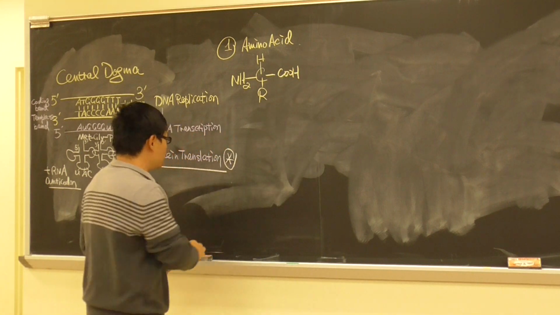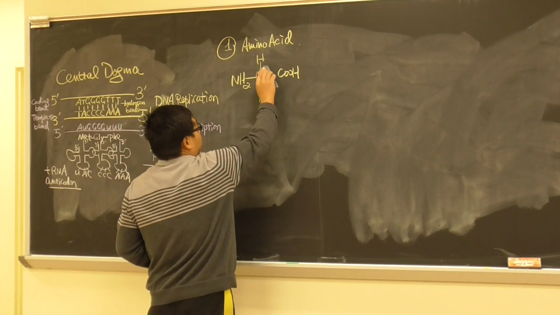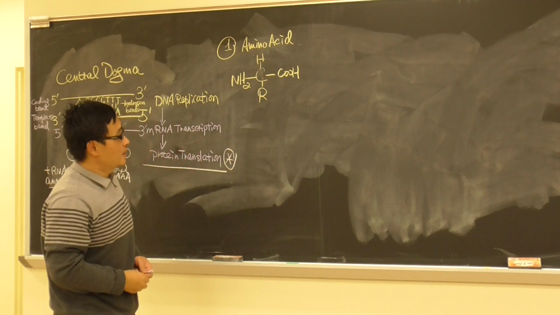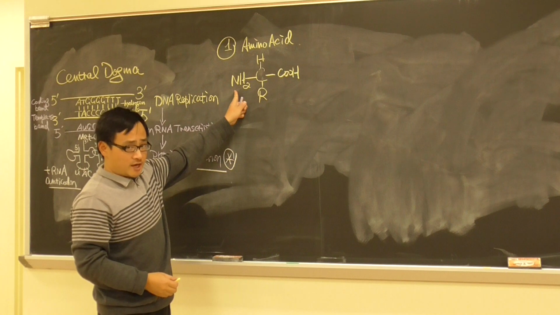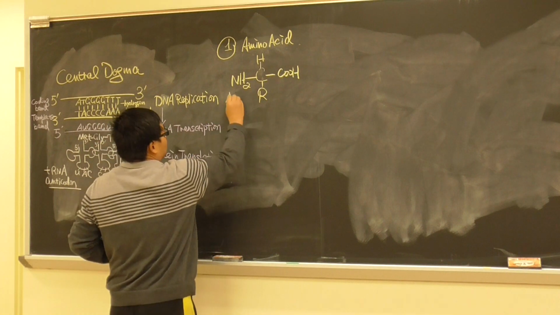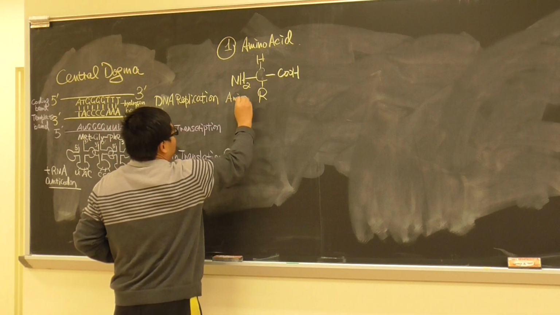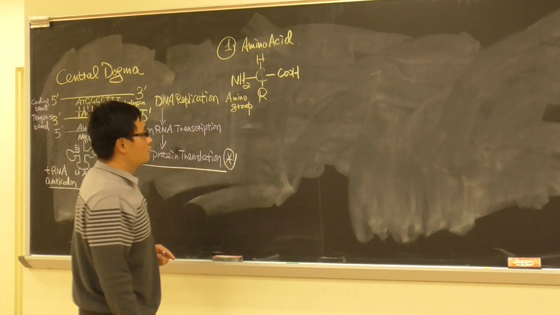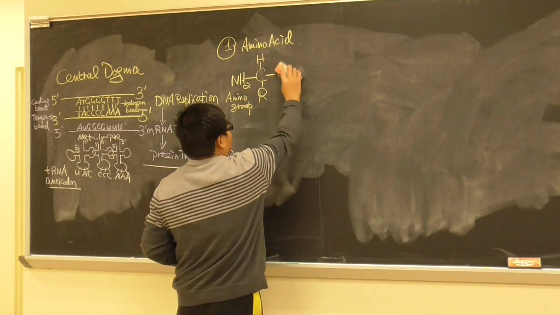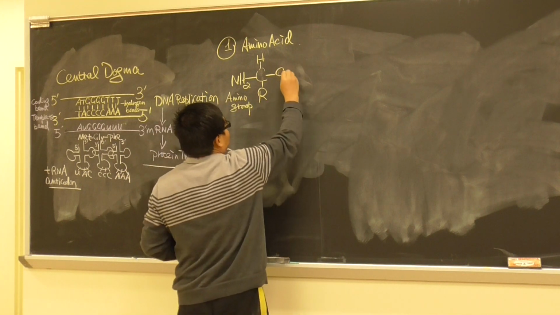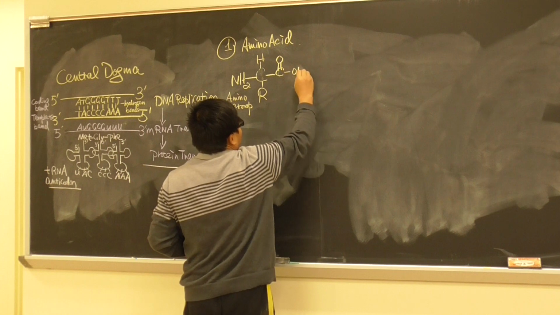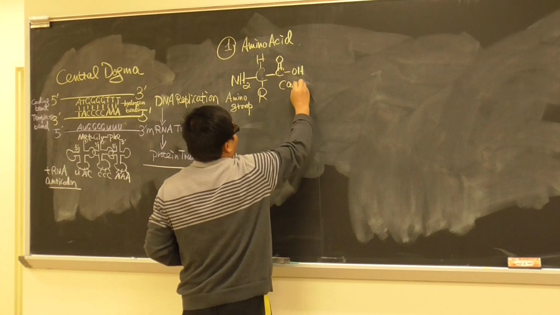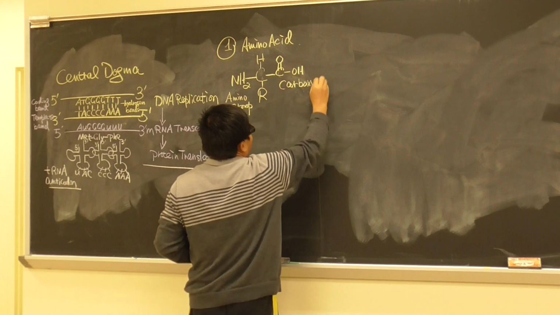In the middle is a C connected with a proton, which is hydrogen. And then on the left side you have NH2, which is the amino group. On the right side, you have COOH, which we could also write like this. We call it the carboxyl group.